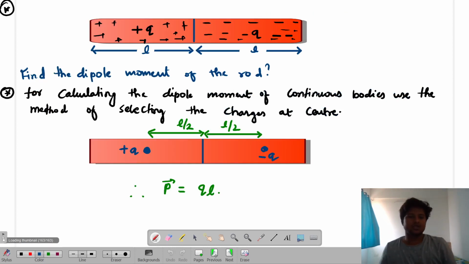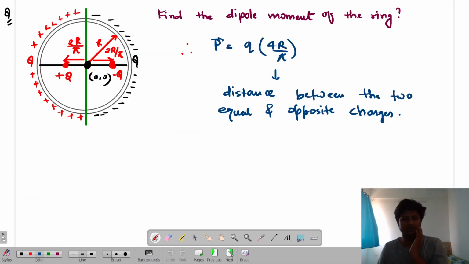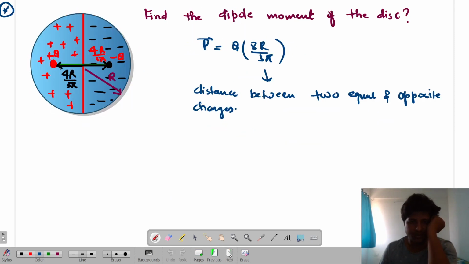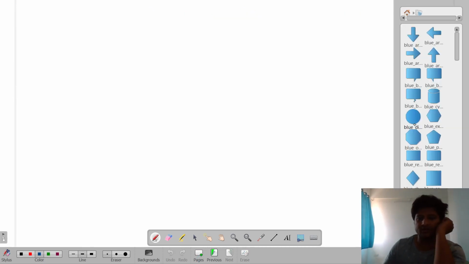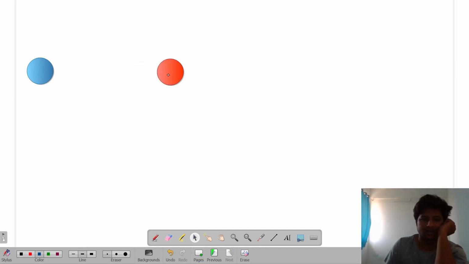So these were the different cases of dipole, and we did so many questions on this. Now the question arises that if it is a charged configuration, then it will have its own electric field and potential. Consider plus charge and minus charge, placed somewhere.